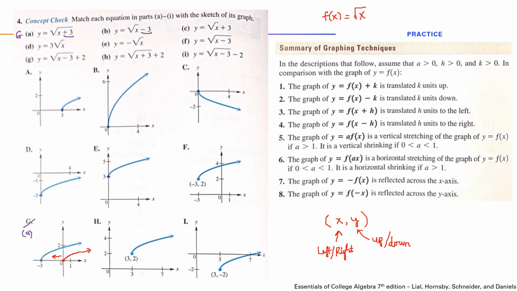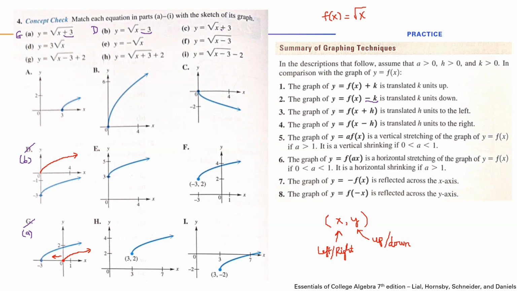Then we have B, minus 3 outside. We have 3 units down, compared to the original one, which is the red graph.